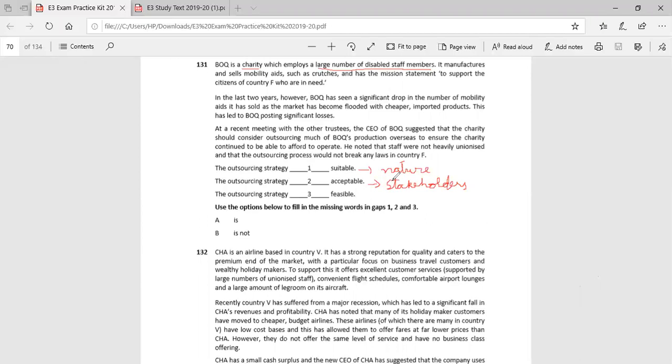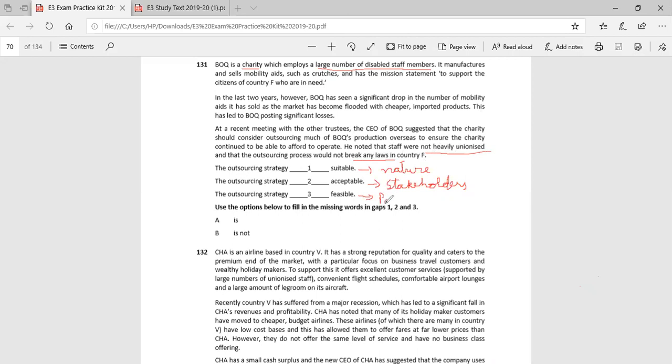Possibility is there. Don't get confused about that. Possibility is there because there would be no resistance from the employees because they're not heavily unionized. There are no other laws also which can restrict them. So feasibility, the possibility is there for them.